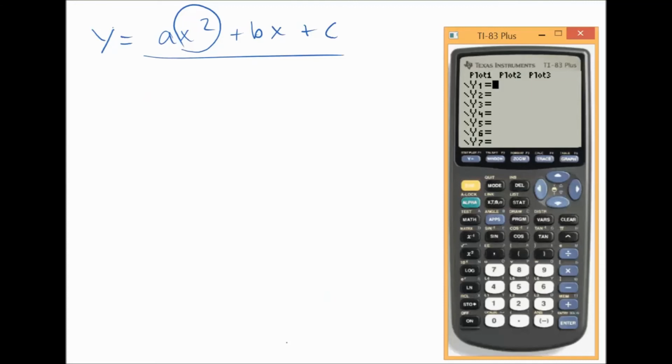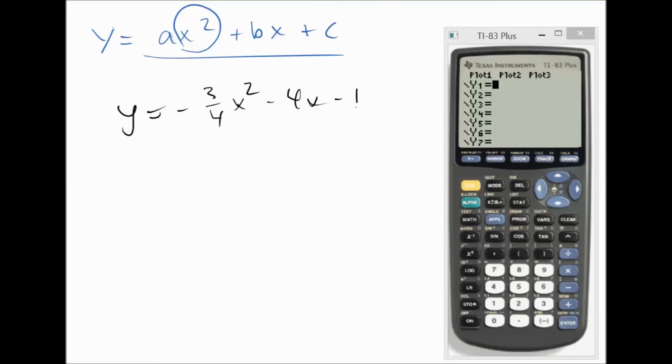We're going to try one more example. We'll try y equals negative 3/4 x squared minus 4x minus 1. So we're going to go ahead and type that into our calculator, which is negative 3/4 is negative 3 divided by 4, x squared minus 4x minus 1.